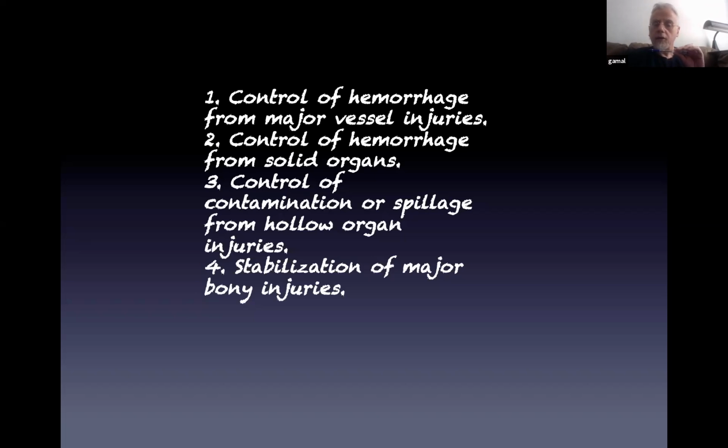Number 1, control hemorrhage from major vessels. Number 2, look for solid organs, liver, spleen, kidney. Number 3, pay attention to succus or stool. Number 4, after that, you stabilize any major bony injuries if there are any. In that order of priorities.